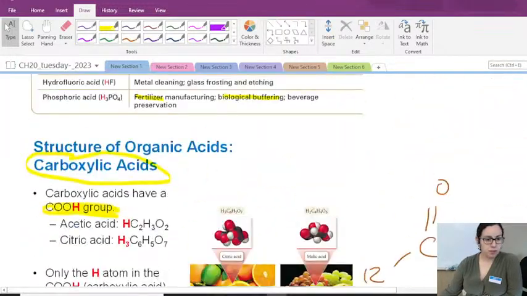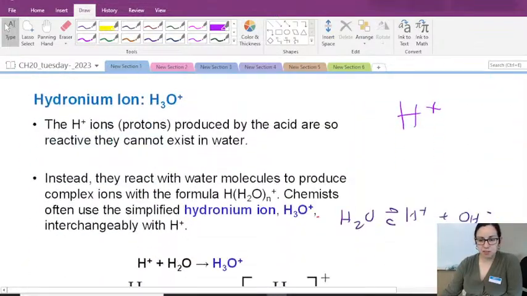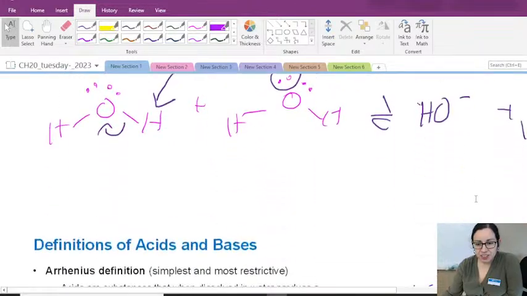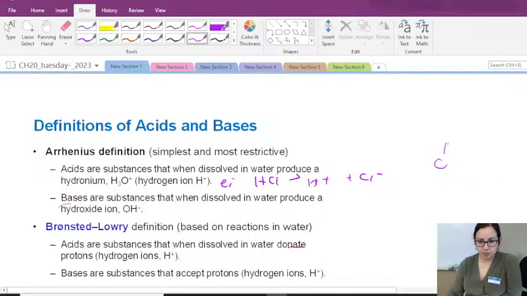I would have a better shot at drawing it out. I'm just going to draw out vinegar at this rate. It makes more sense. There we go.